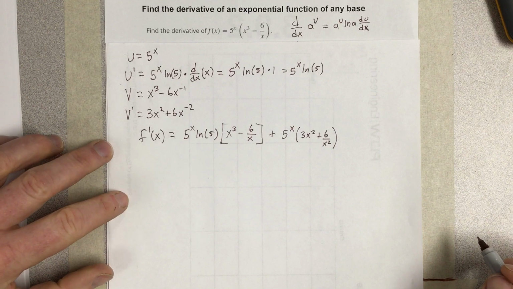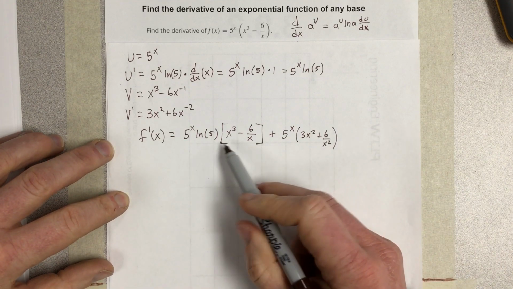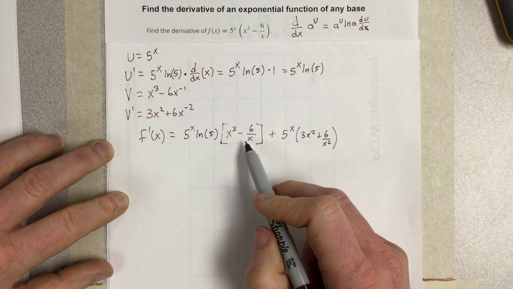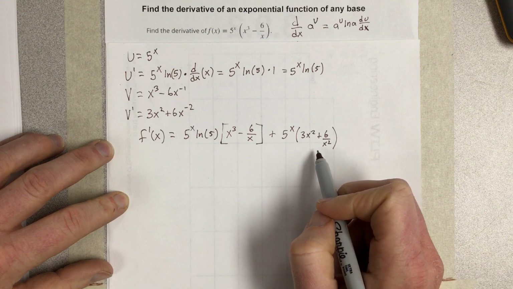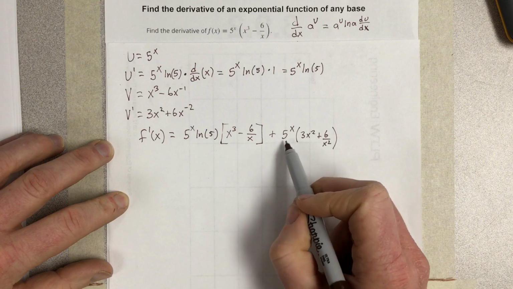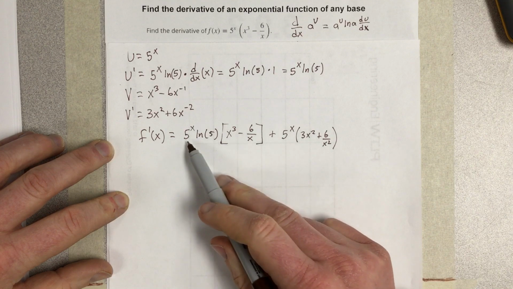And then we're going to look to simplify here, and I'm not really seeing a simplification that's going to make anything much nicer. I suppose we could factor out 5 to the x.